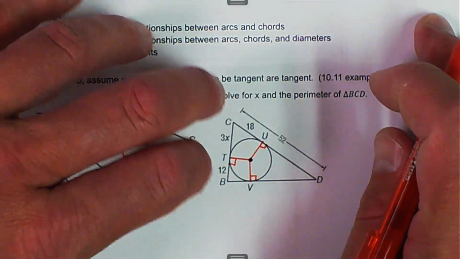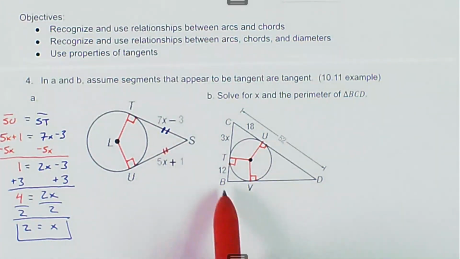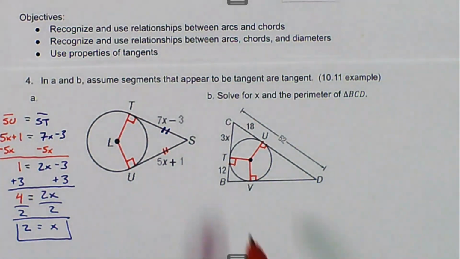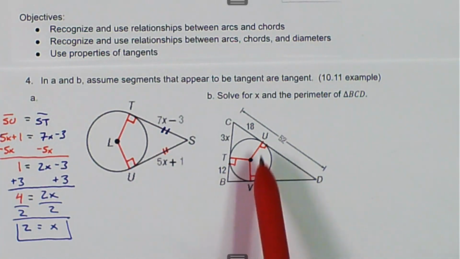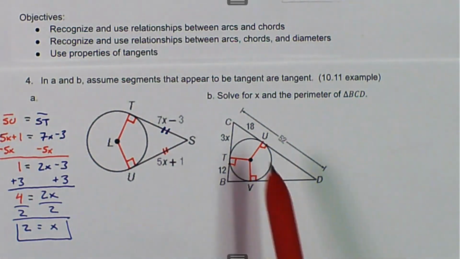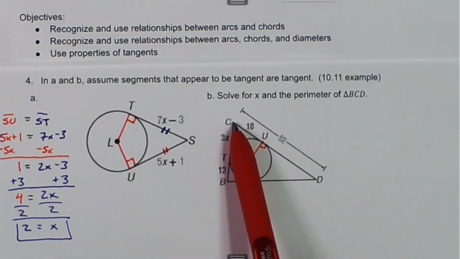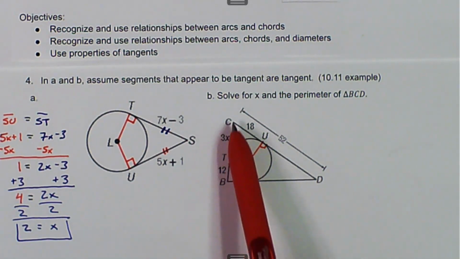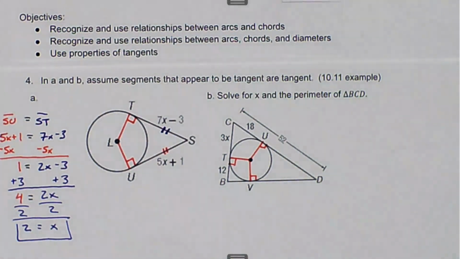So even though this is a triangle, on the outside we have a BCD triangle, which has 3 sides. Because of these tangents, it really breaks it into 6 sides. And remember, if we have 2 line segments that are tangent and meet at a point, they are congruent.